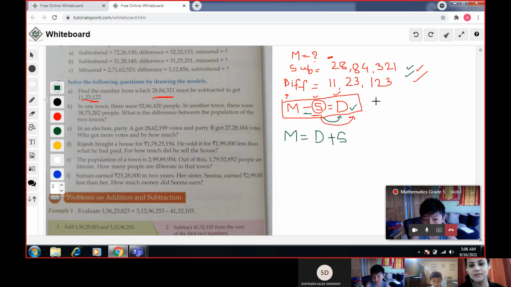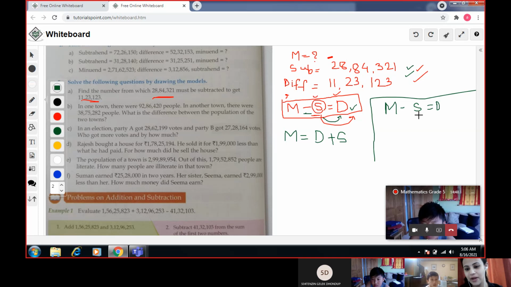First, let me explain this rule. M minus S equals D. In the previous class also I explained this, but once again let me explain. This is the minuend, this is the subtrahend and this is the difference.